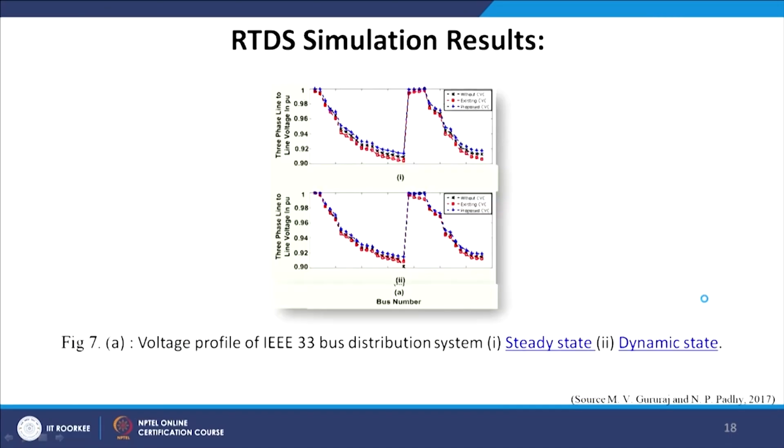RTDS simulation results where the voltage profile of 33 buses are being plotted, with both steady state as well as dynamic state. So, the first one is during steady state and the second one is during dynamic states. Now, let us see what exactly happened.